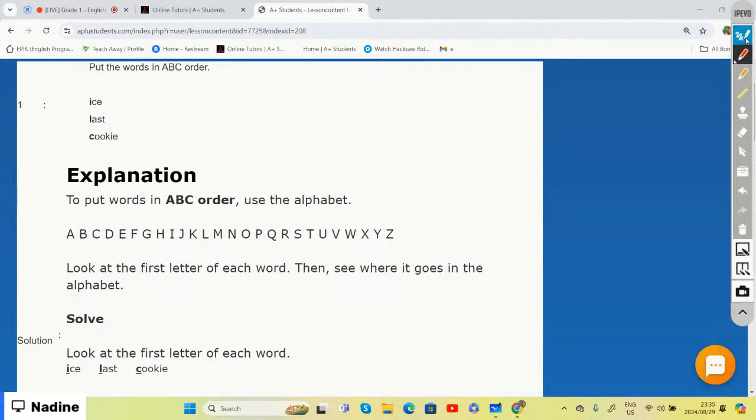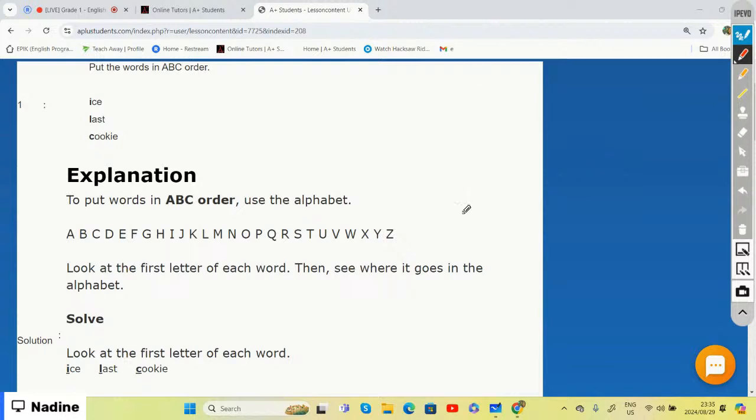All right. We see that if we look at each of the words or the letters, then we see where it must go within the alphabet. All right.